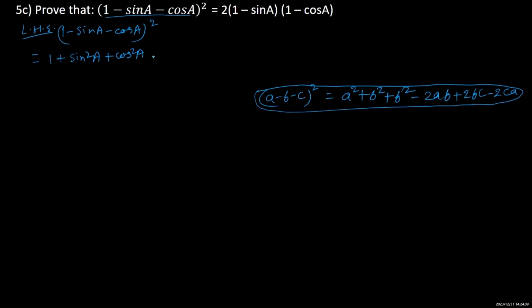Then minus 2ab, minus 2 into 1, 2 only, sin A. Then plus 2bc, b means second term, c means third term, sin A into cos A. And finally minus 2ca, c means third term, a means first term, cos A into 1, cos A only.